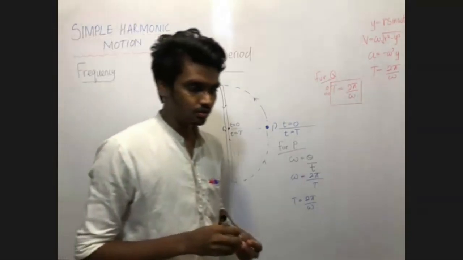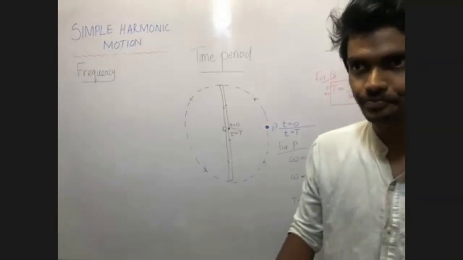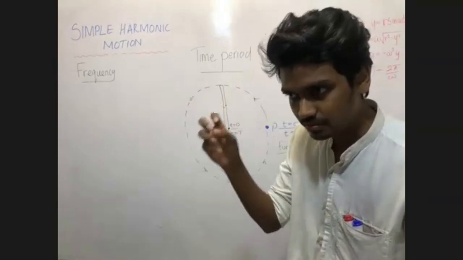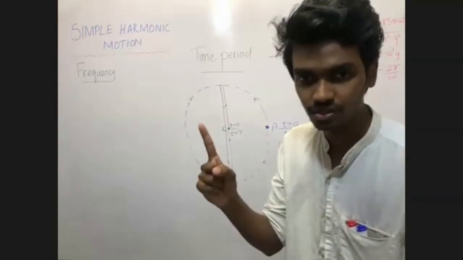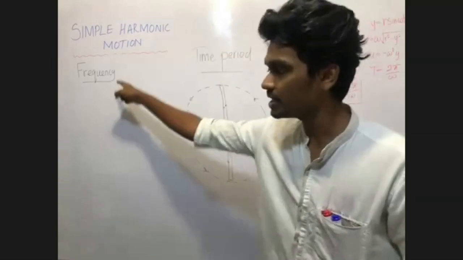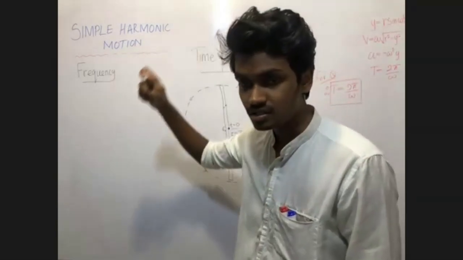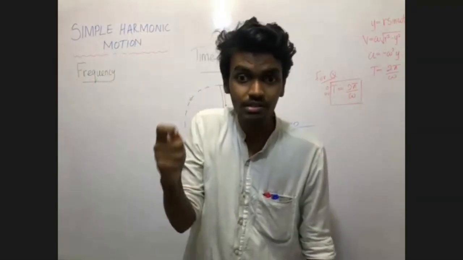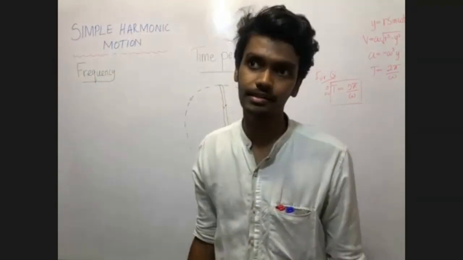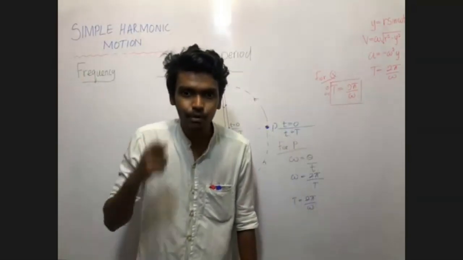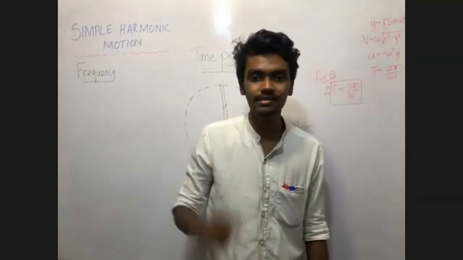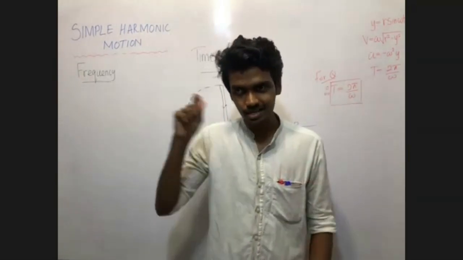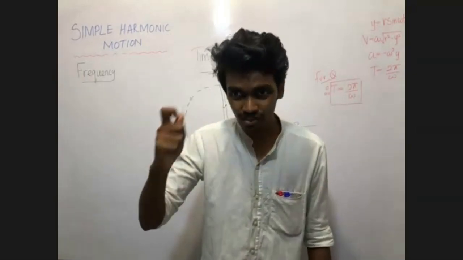So what is time period? Time period means the time taken to perform one oscillation. Frequency means the number of oscillations performed in 1 second. Understand the difference, right?